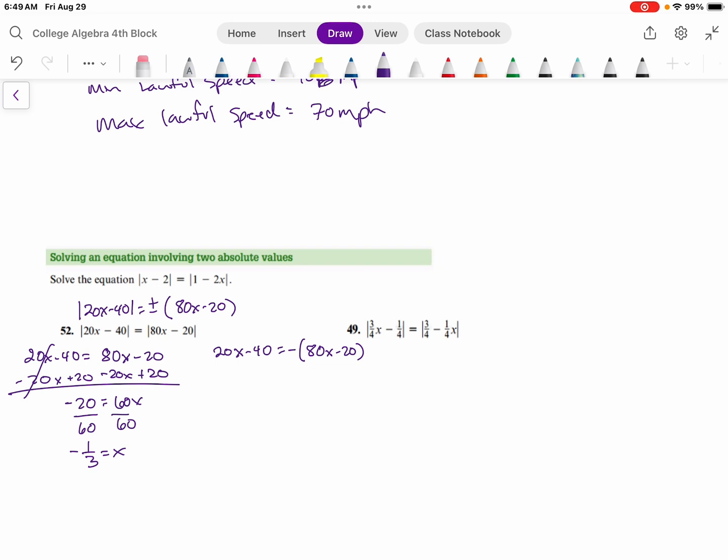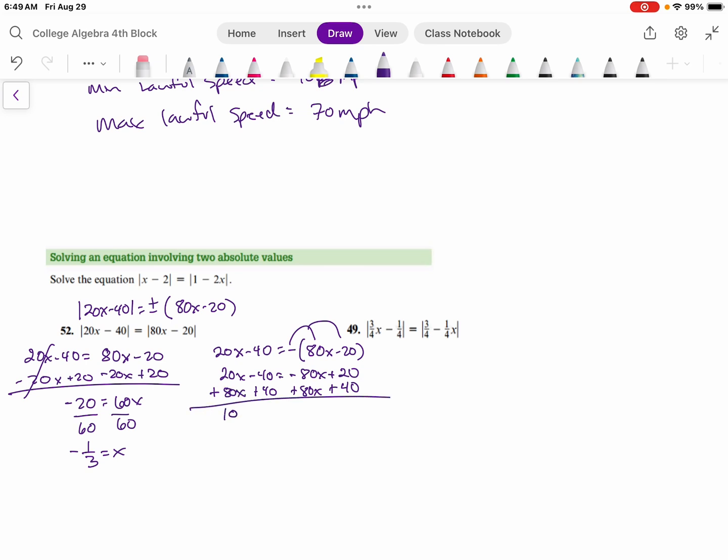On the other equation, I need to distribute. So 20x minus 40 equals negative 80x plus 20. And then I'm going to add the 40. I try to keep everything positive if I can. It helps with the inequality stuff we're going to do in a moment.